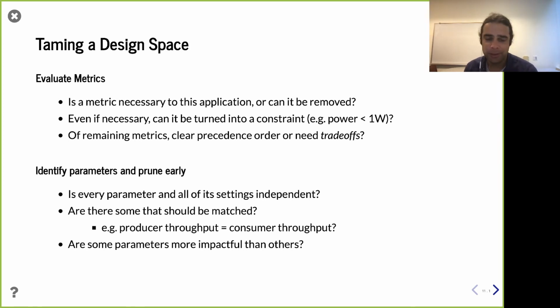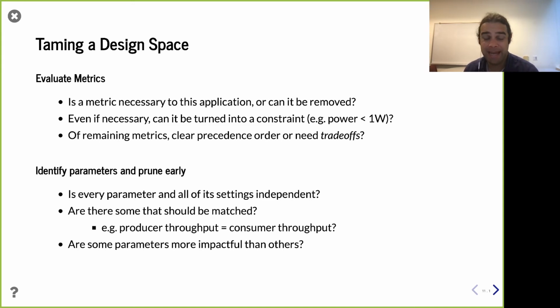There's no lag or any gap. So there's no point in building higher production than can be consumed, or higher consumption than can be produced. If I change the producer throughput, I need to change the consumer throughput, and I change those in tandem. So you can find a lot of your parameters are coupled, and you can just combine those and tie them together. Additionally, by studying your parameters, you may find some are more impactful. Maybe there are some queue sizes that really don't matter. It's a small thing.